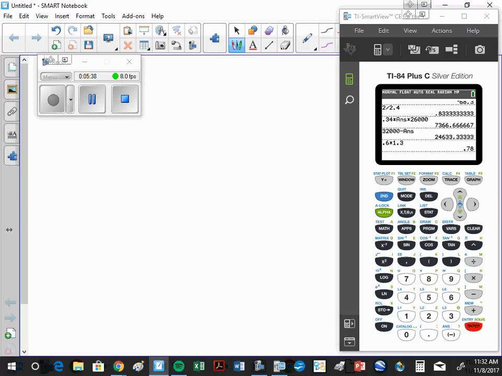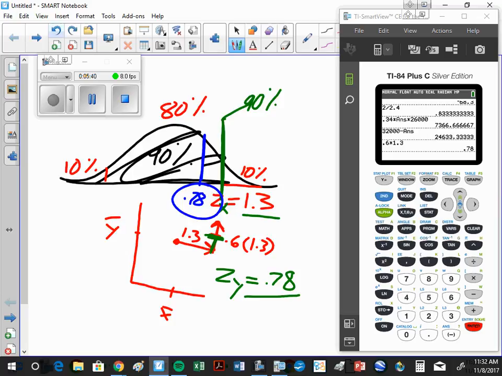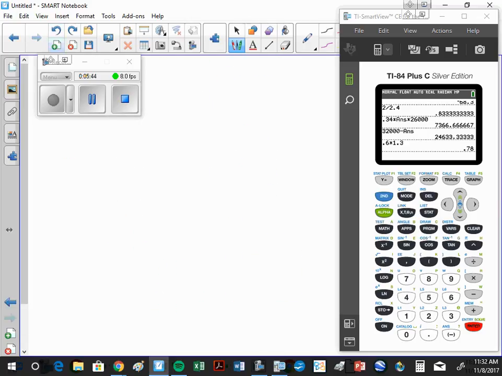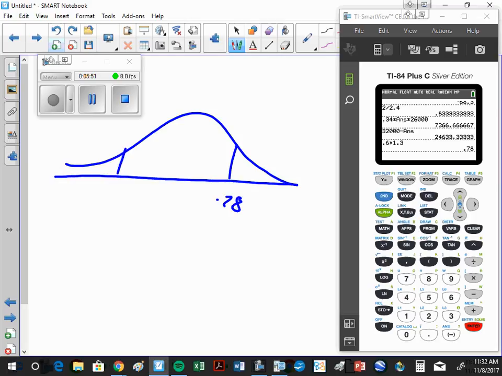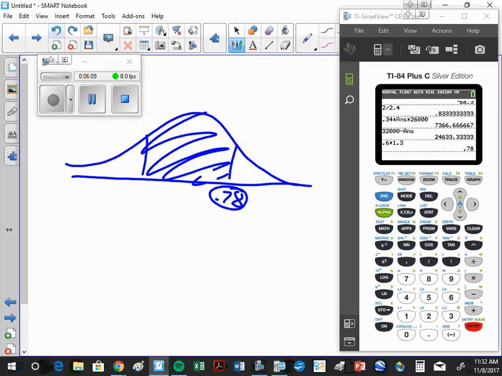Oh, I know what we did wrong. We didn't do anything wrong. So here's the problem. Our z-score is 0.78, right? But that is a middle area. Okay, so everybody watch this. We didn't do anything wrong, we just weren't finished. We ended up with 0.78, and that's a middle area of, we have to round it to 0.8.